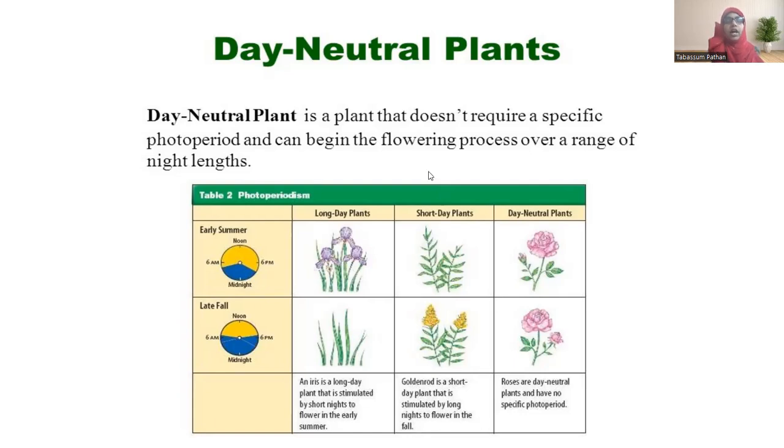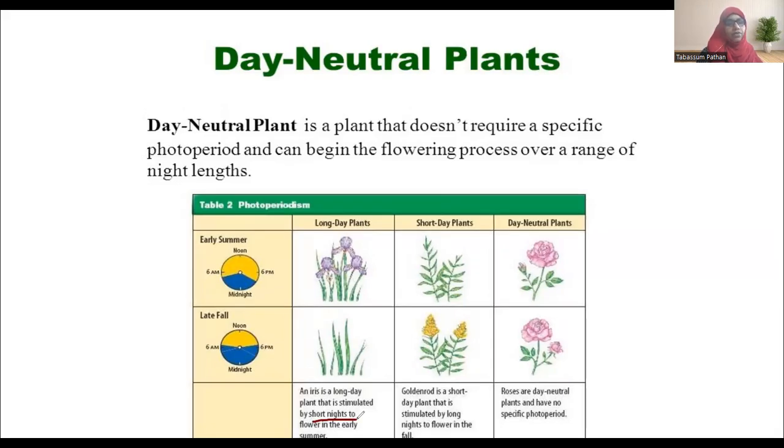So short day plants require a longer dark period. You can also define short day plants and long day plants in terms of dark period. Long day plants require shorter nights for them to flower.